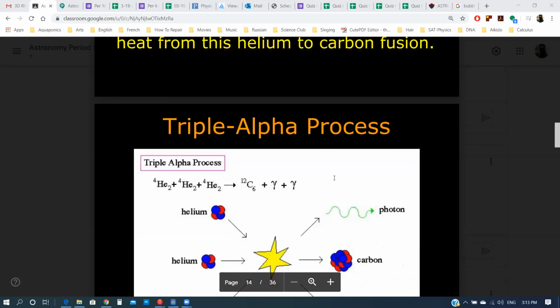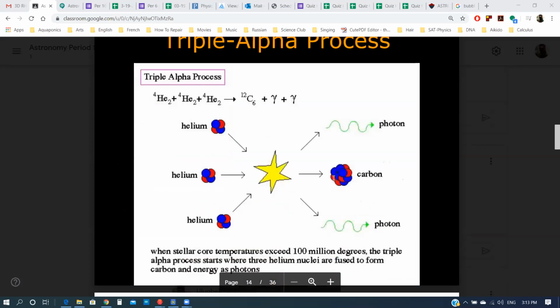The triple alpha process is a very low probability event, and in order to increase the probability, you need to increase pressure and temperature. When you do so, the number of elastic collisions per inelastic collision increases, and inelastic collisions result in fusing of helium nuclei, alpha particles, into one carbon-12 nucleus.